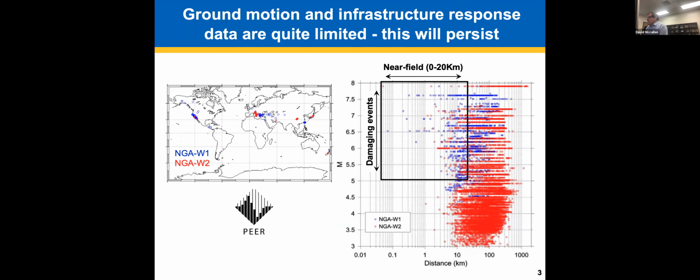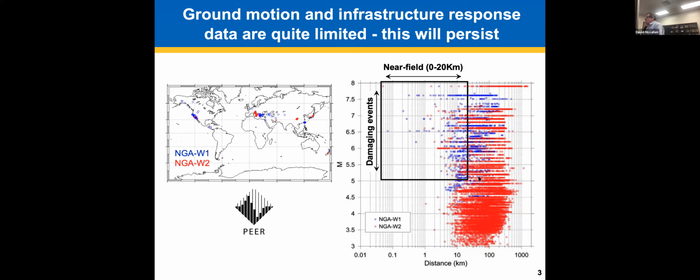And just to exemplify that, I'm showing a plot here of all the strong ground motion data in the PEER database. And on the vertical axis of this plot, you see magnitude of earthquake. And on the horizontal axis, you see distance from the fault. Every single one of these dots is a strong ground motion record that has been measured somewhere around the world and is encompassed in this database.